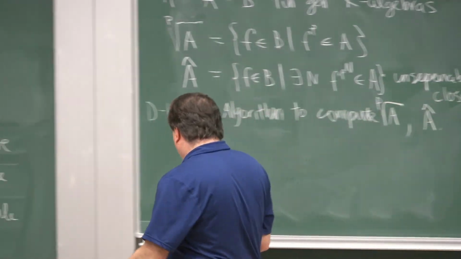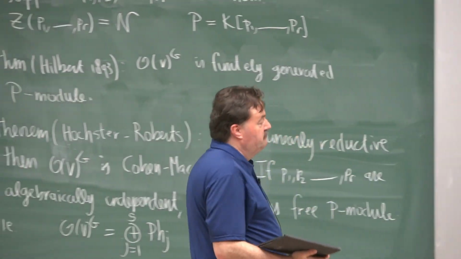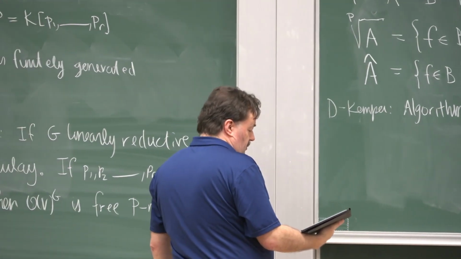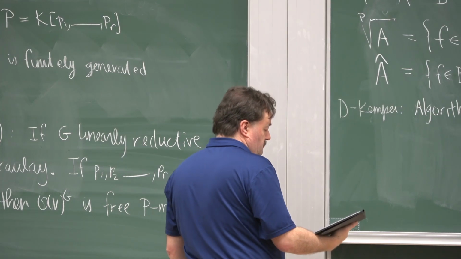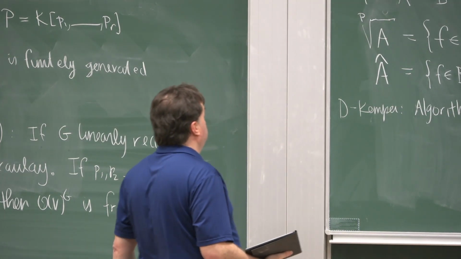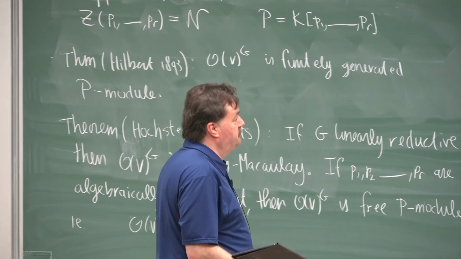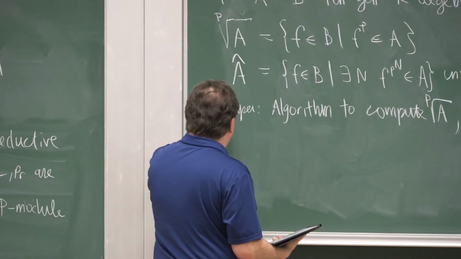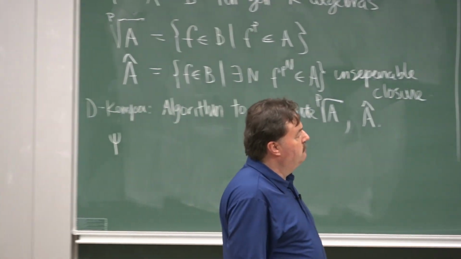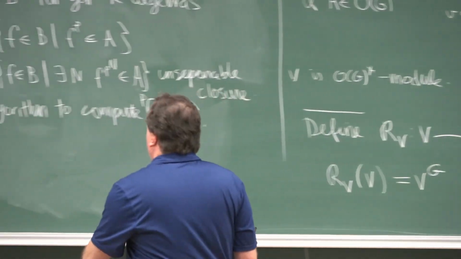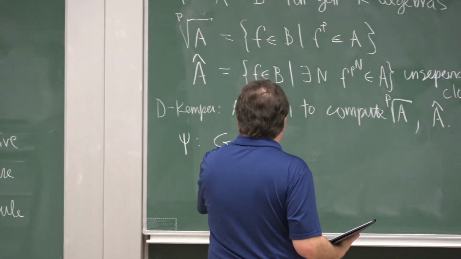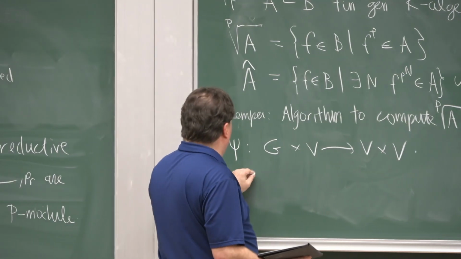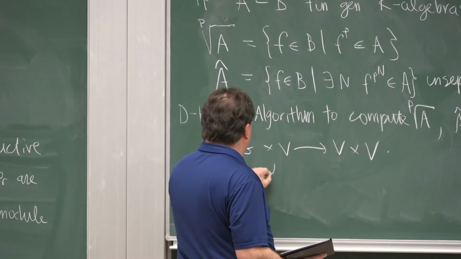So we have an algorithm for that, but I don't have time to go into that. But we can use this to compute generators of the invariant ring. Okay, so we again can look at the same map that I defined over there, just using the same notations. So remember we had this B, which was the image.